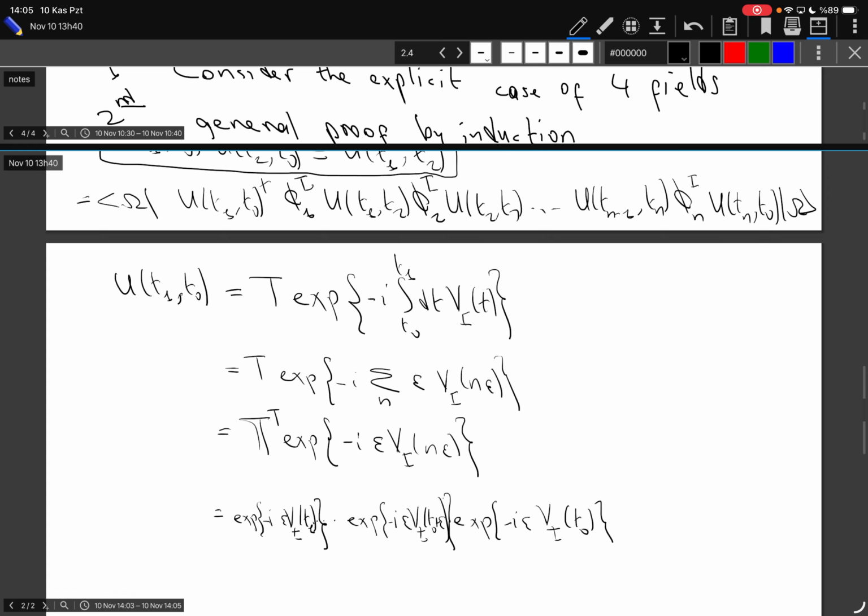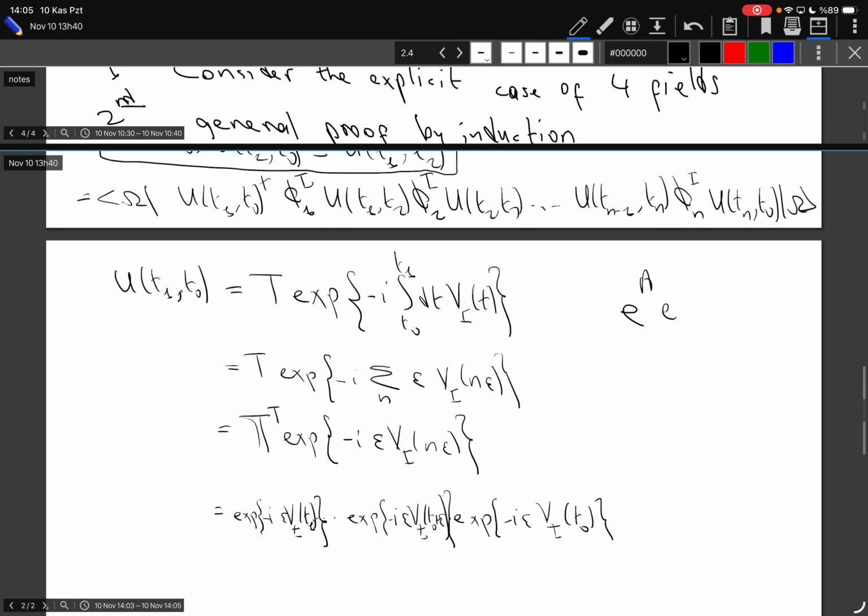But if I can ignore the ordering, if I can assume that my operators are commuting, e to the power a times e to the power b will be equal to e to the power a plus b. This is correct as long as I can ignore the ordering of a and b operators.